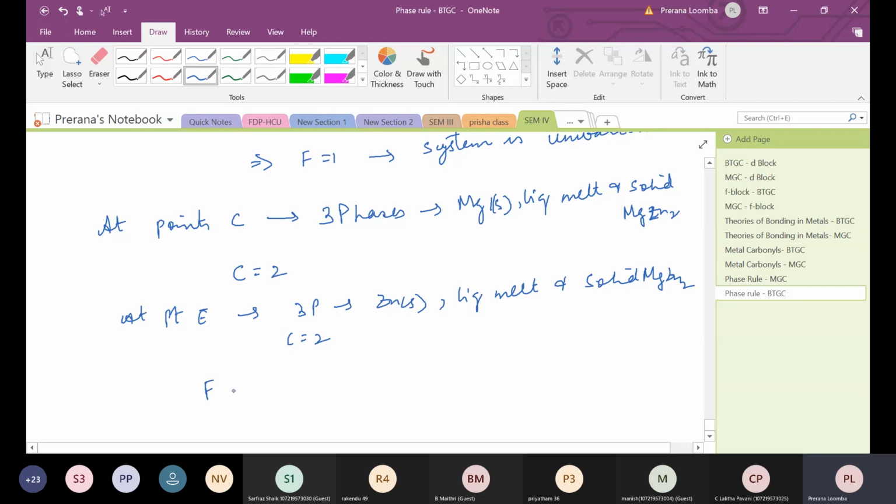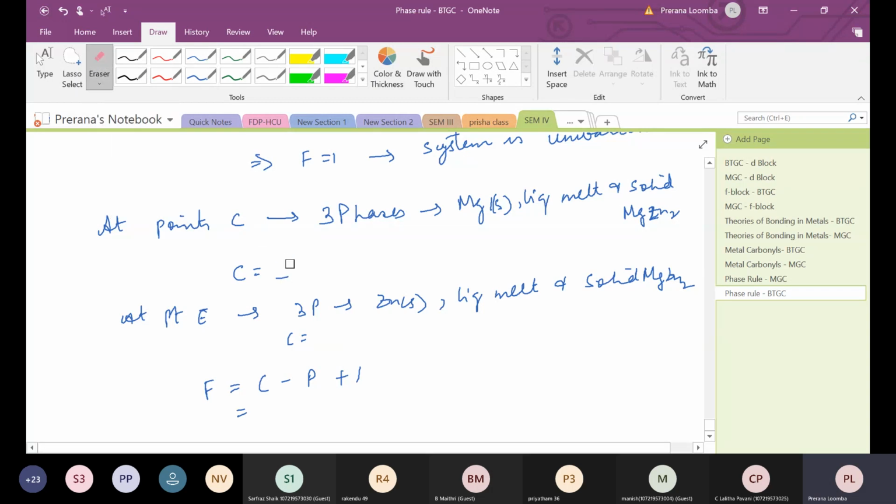Now calculate the phase rule. Sorry, you have three components here. Nobody corrected me also. Not three components, children.